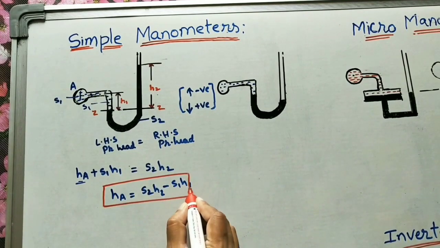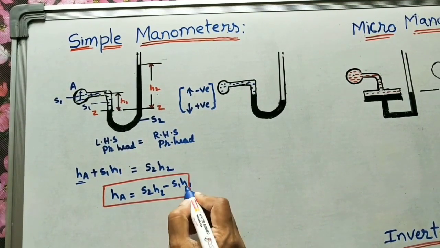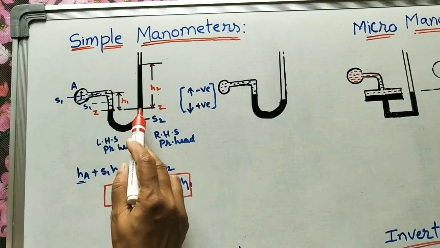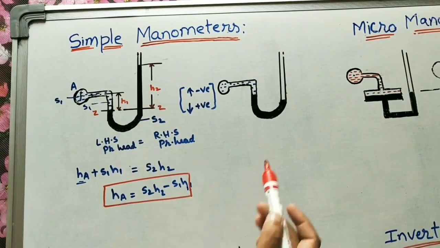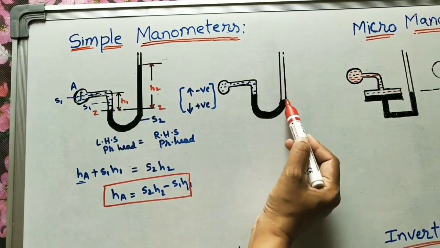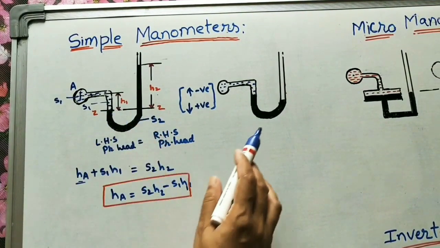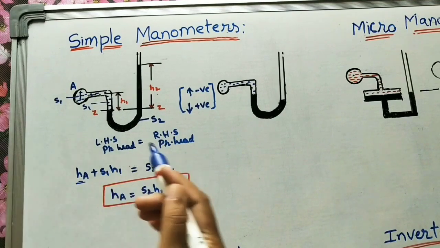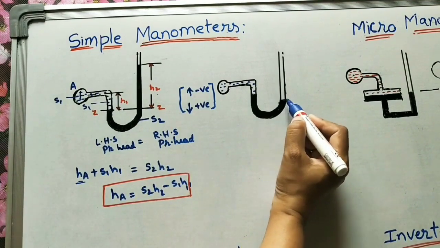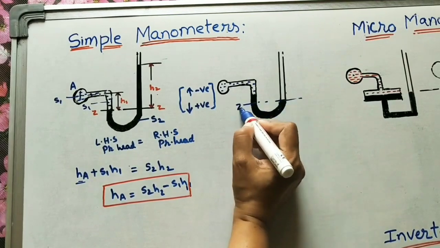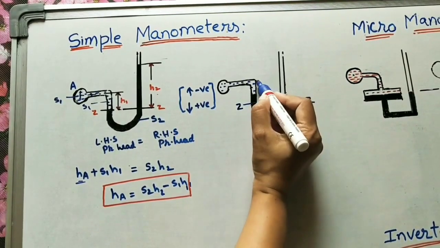Now take the next diagram. In it, if you are observing, the right side has more height and the left side has less height of the mercury. So for this type of diagram, first draw the datum line Z and Z. I have not marked H1 and H2 like that. Just draw one datum line passing through the lower level, Z and Z. Now give the heights.